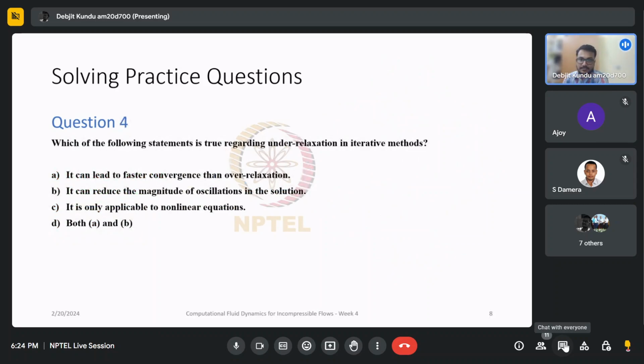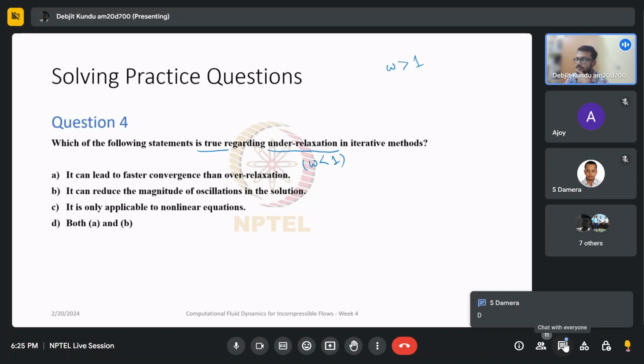Now, here three statements are given in options A, B, and C. You will have to pick out which of these following statements is true regarding under relaxation in iterative methods. We saw over relaxation, in which this over relaxation factor is greater than 1, and under relaxation is when it's less than 1.